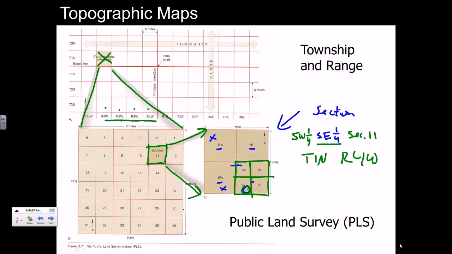I'm going to write it on the bottom of this: southwest quarter, southeast quarter of section 11, tier 1 north, range 4 west.